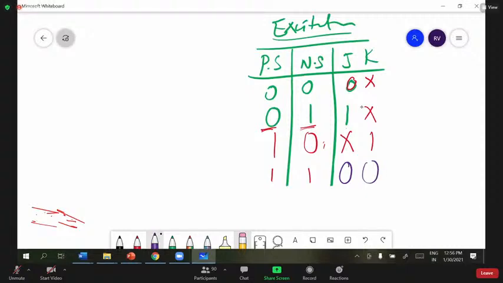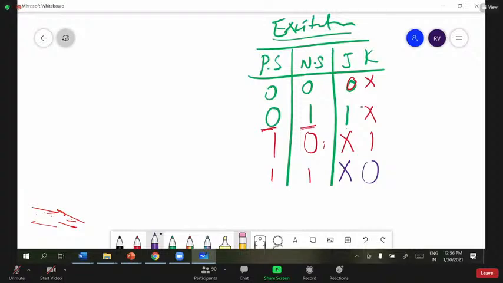Yes, ma'am. When J is equal to 1 we also get 1, 1, when K is equal to 0. So that's why you can put this as don't care, and if this remains 0, this one is don't care. So you should not forget this excitation table.